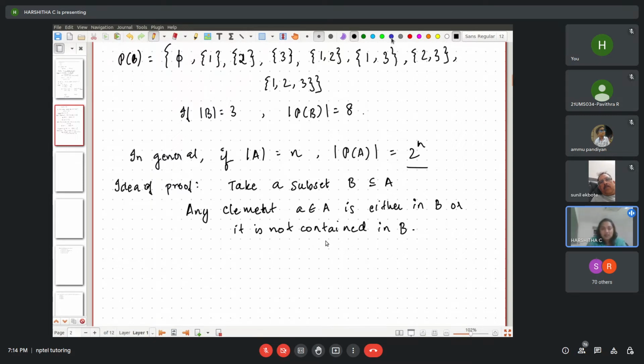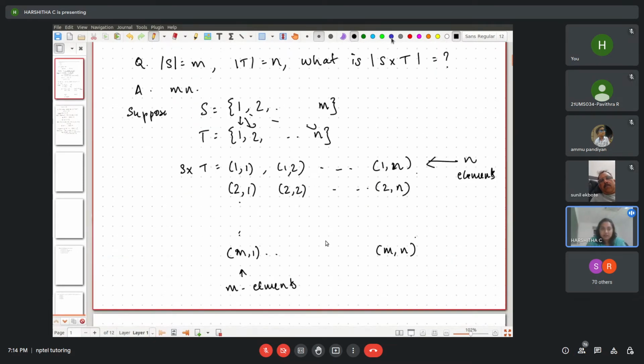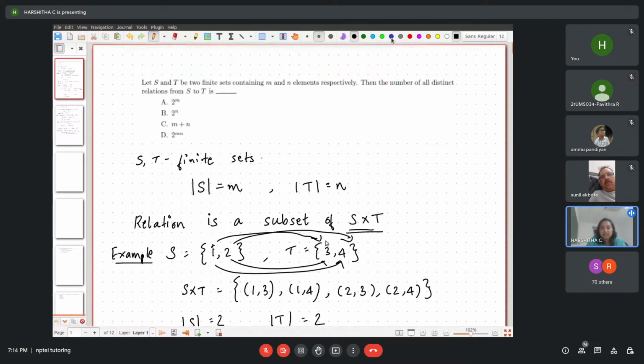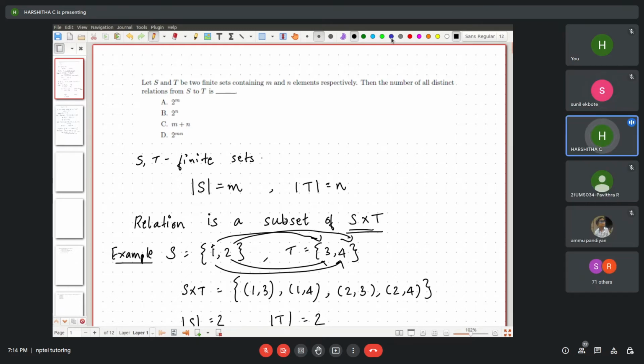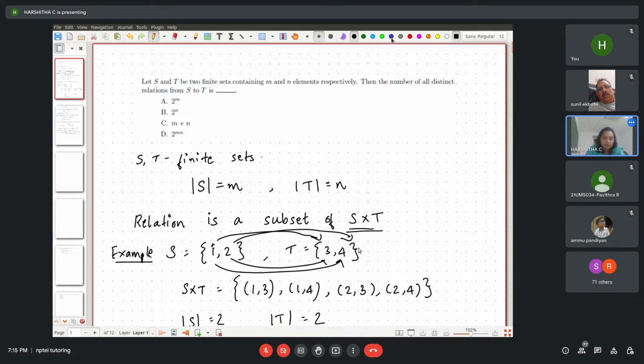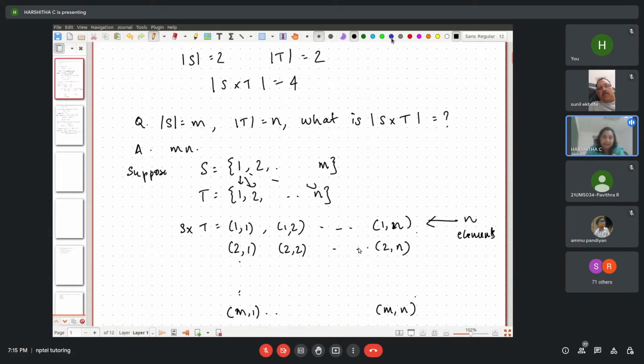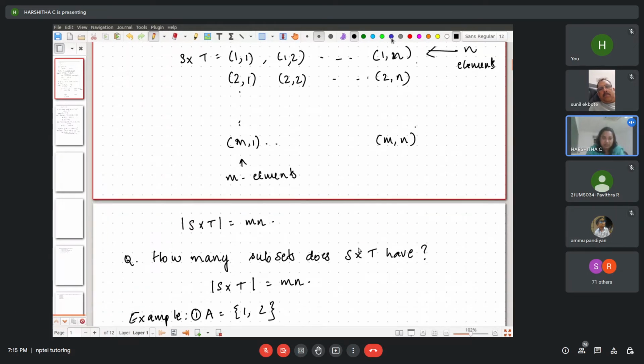So now let's go back to our original question. The question was, how many relations are there from S to T? A relation was a subset of S cross T. So it boiled down to asking how many possible subsets of S cross T we can have, and for that we need to know the cardinality of S cross T, which is what we got.